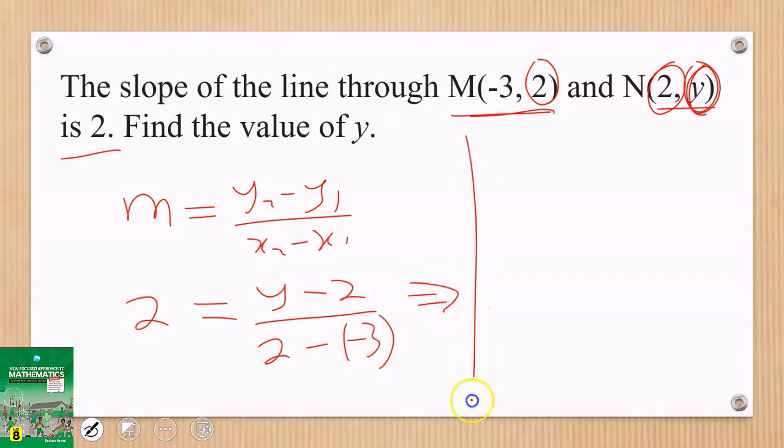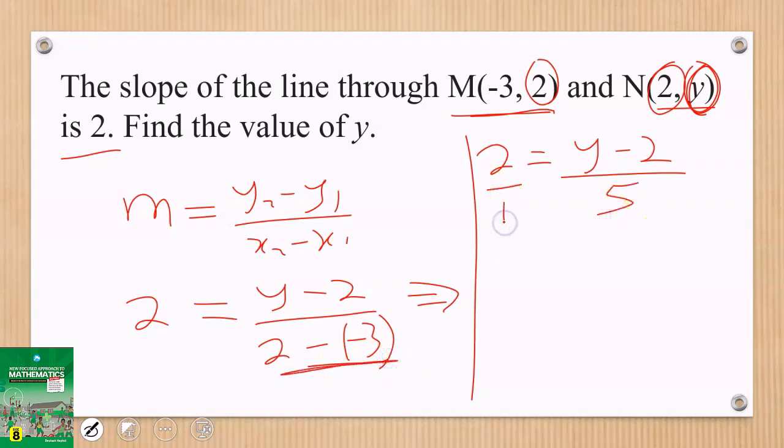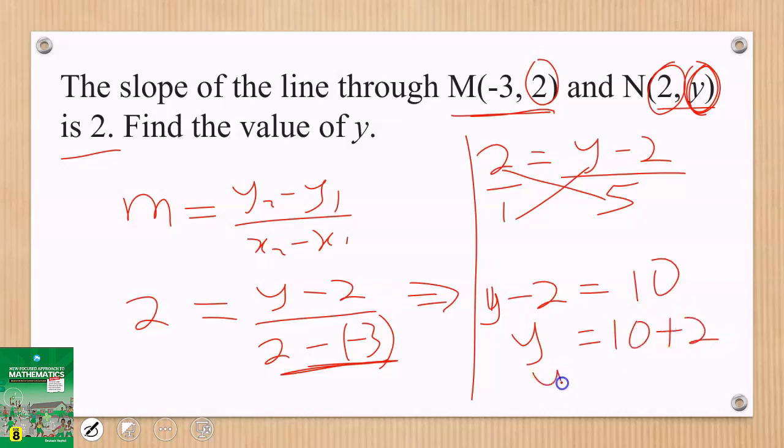So this implies that I have 2 is equal to y minus 2 over, now here I'm going to have 5, right? Good. If I do cross multiplication, I have y minus 2 is equal to 10. That is 2 times 5 and 1 times that. And again, y is equal to 10 plus 2, then our y will be equal to 12. So it means that for these two points to have a line with a gradient of 2, y must be 12.